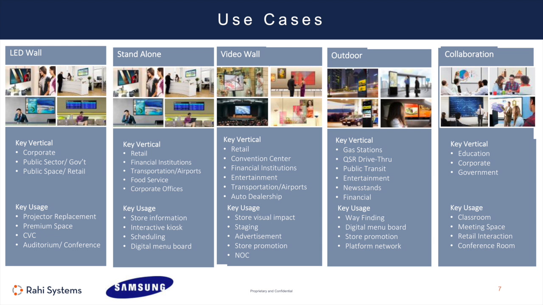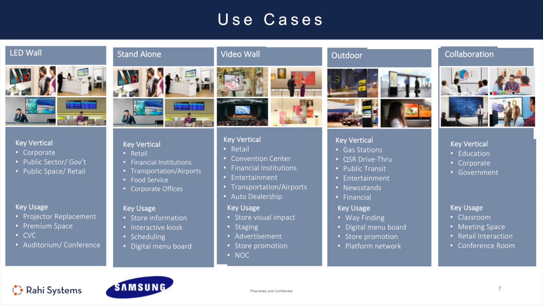Our standalone monitors, which generally are singular monitors deployed in various locations, include verticals like retail, financial institutions, transportation and airports, food service, and corporate offices. Many of the usages include store information, even kiosks, scheduling and calendars, and digital menu boards. Video wall is the technology which takes multiple monitors and puts them into one single layout.